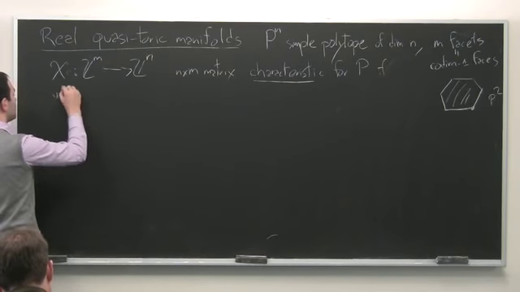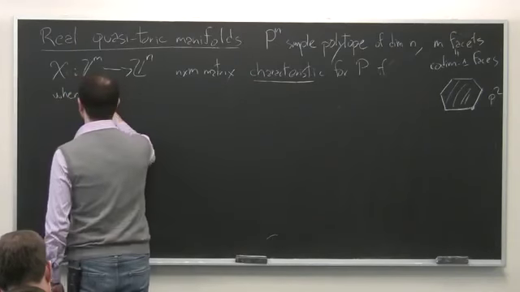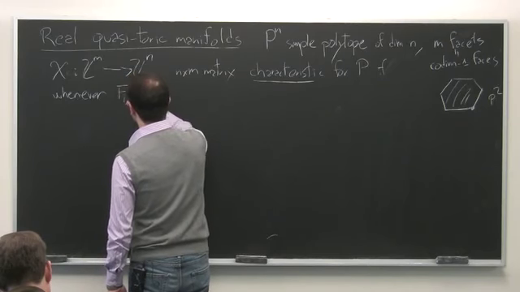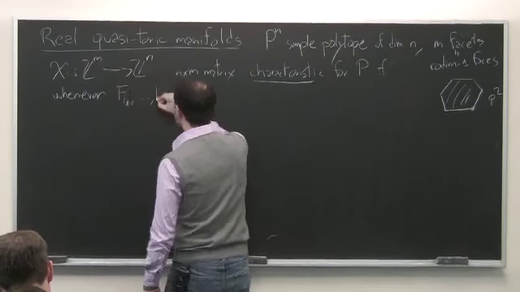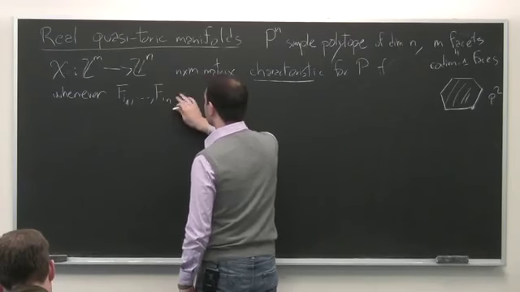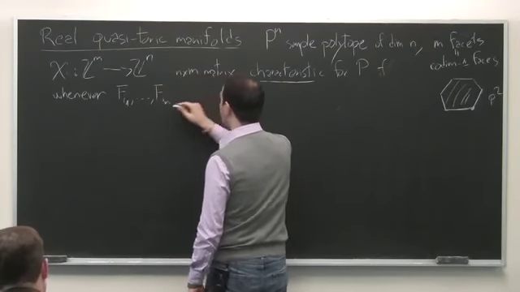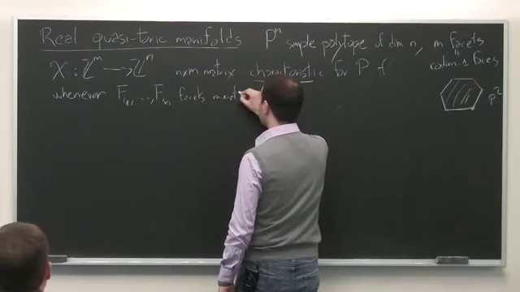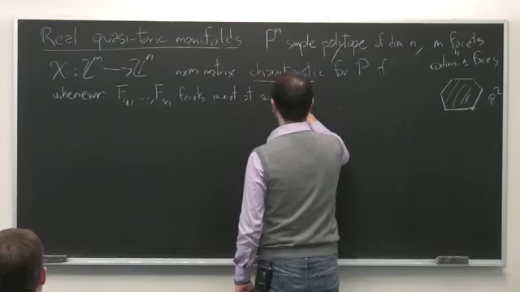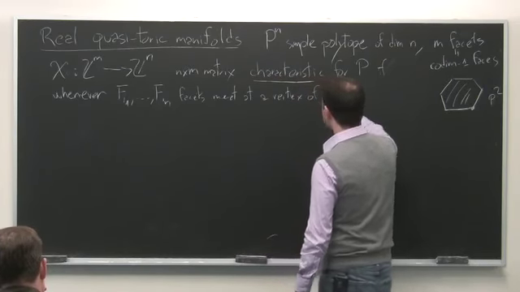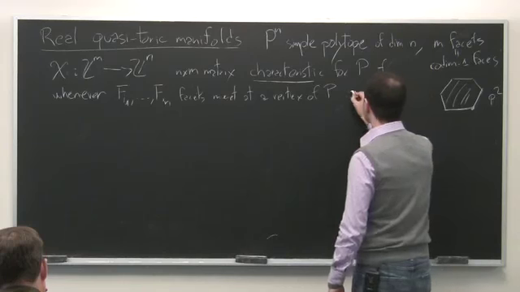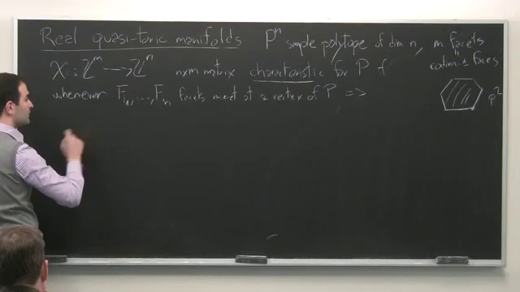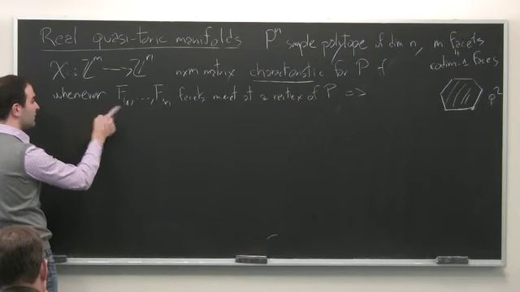Let's see. I'll just write it down. It's not important to remember what this is. So whenever n facets meet at a vertex of P, then the corresponding columns in this matrix form a, okay, let me write it down.